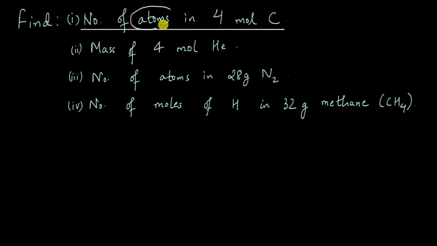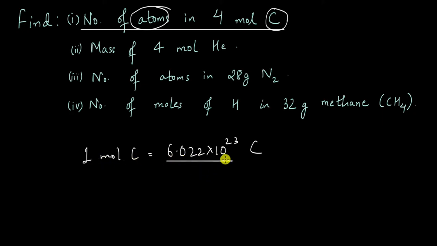Similarly, 1 mole of carbon will have 6.022 into 10 to the power 23 carbon atoms. That's the only difference. In a dozen we have 12 and in a mole we have 6.022 into 10 to the power 23. A huge number of atoms, but the concept is still the same.